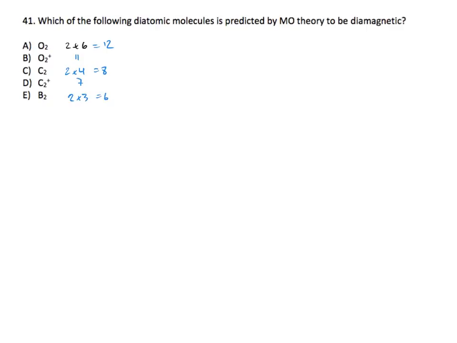So we can rule out B and D as being diamagnetic because they're paramagnetic, since they have an odd number of electrons. We're down to O2, C2, and B2 as possibly being diamagnetic. What we'll need here is our MO diagram. We have one that we can use for boron and carbon, which will look sort of like this.